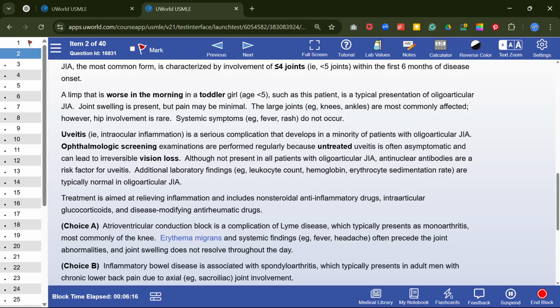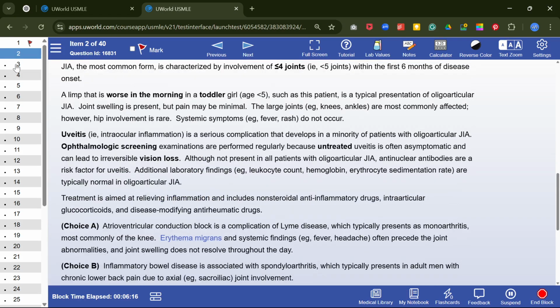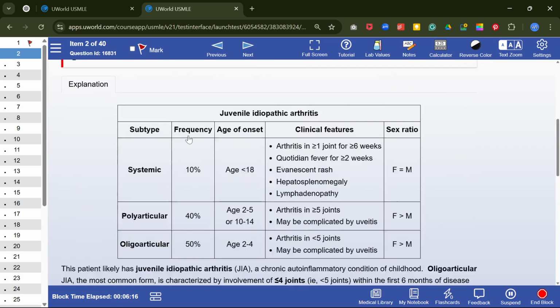Treatment is aimed at relieving inflammation and includes NSAIDs, intra-articular glucocorticoids, and disease-modifying anti-rheumatic drugs. Okay, next. Yes, okay.